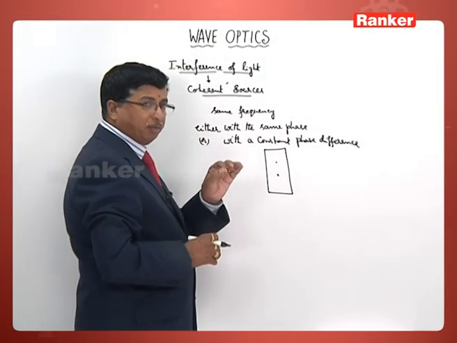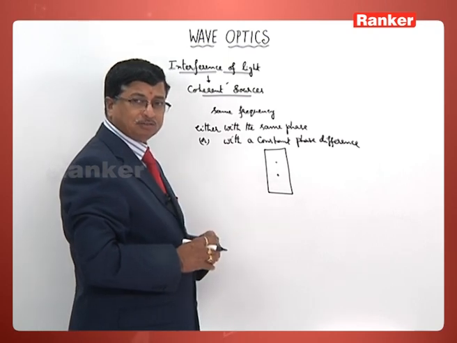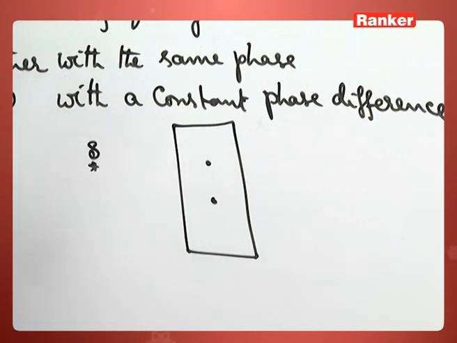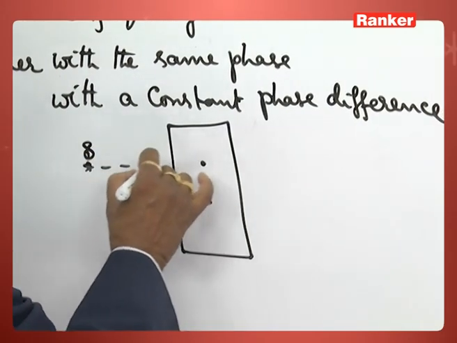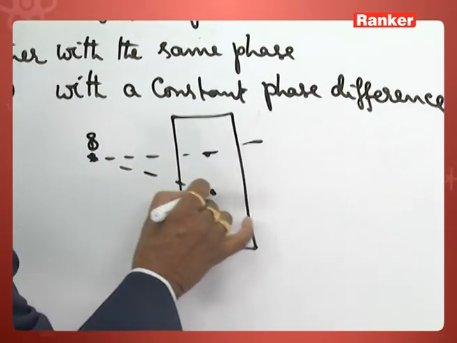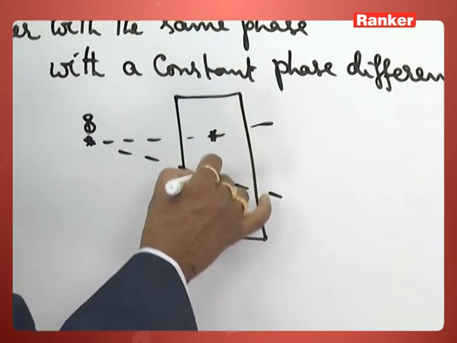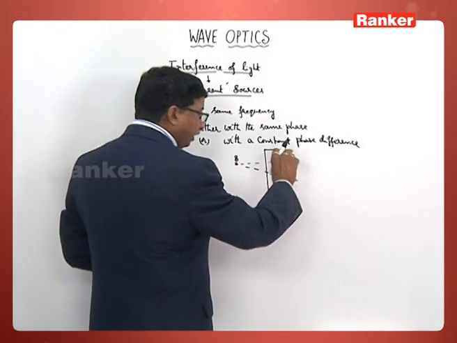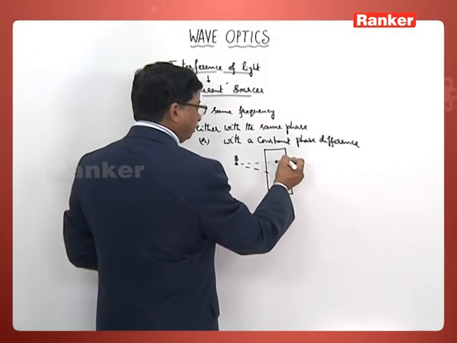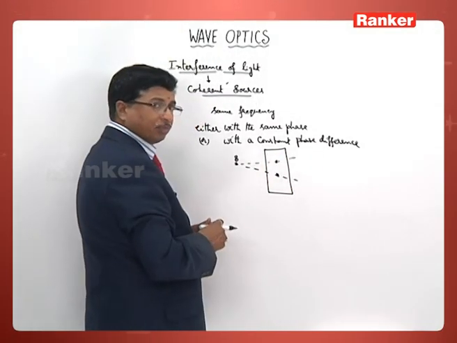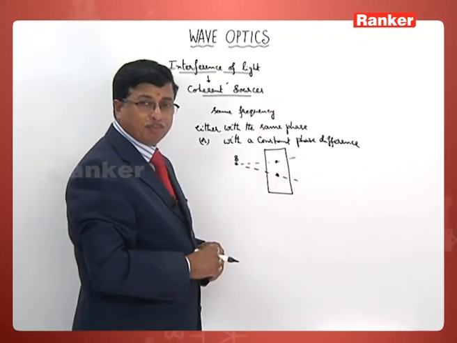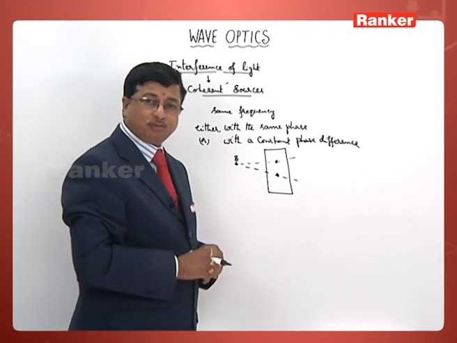Both are supposed to be identical by nature. When you place a source of light nearby, the light that is coming out of these two slits is called coherent light. That pair of slits, we can call them coherent sources of light.